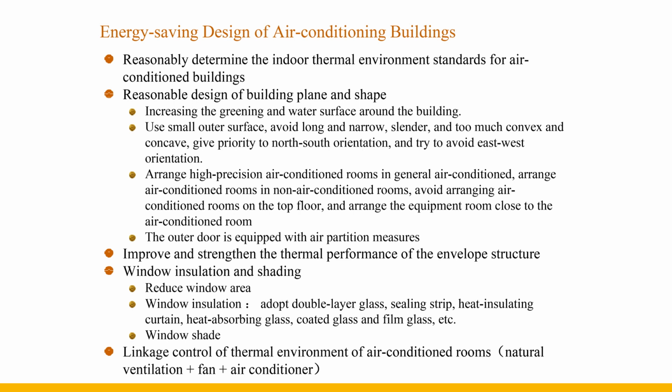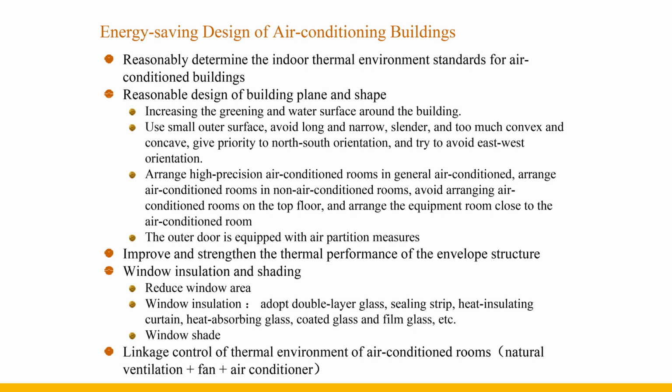First, reasonably determine the indoor thermal environment standard for air-conditioned buildings, on the premise of satisfying function. An energy-saving building can appropriately reduce the indoor design temperature in winter and increase the indoor design temperature in summer.